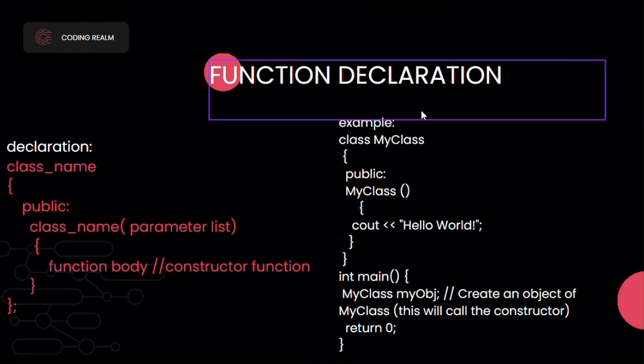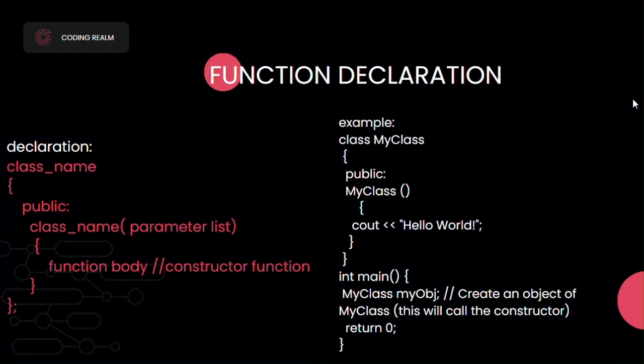Look at this example. Class my class, public, the constructor has the name my class, cout hello world. Integer main, my class my object. Here I need to call the constructor that has the name my class to print hello world on the screen.